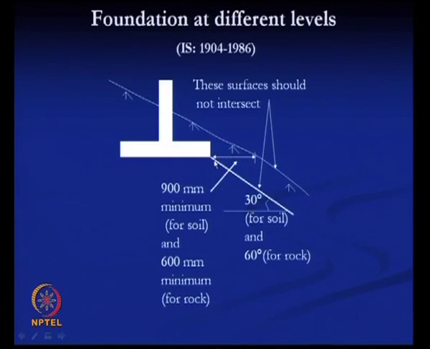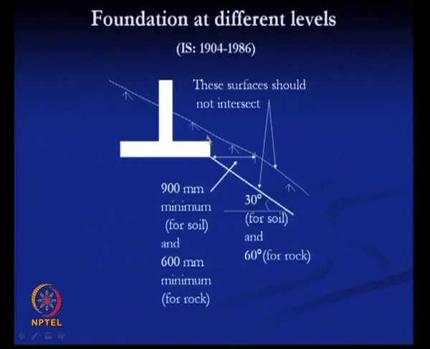Another condition is that if we draw a line passing through the bottom edge of the foundation, making a 30-degree angle with the horizontal, this is 30 degrees for soil and 60 degrees for rock.